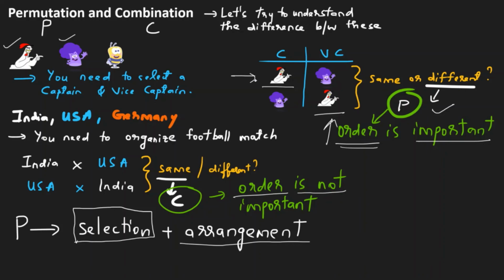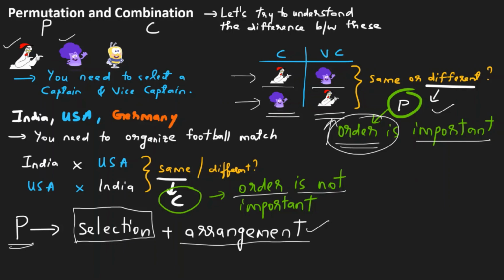Over here, we have hen in the position of captain and we have broccoli in the position of vice captain. And in the second instance, we have broccoli as the captain and hen as the vice captain. So permutation involves selection and arrangement, and that's because order is important. That is why arrangements of the same items in 2 different ways actually give us 2 different results.